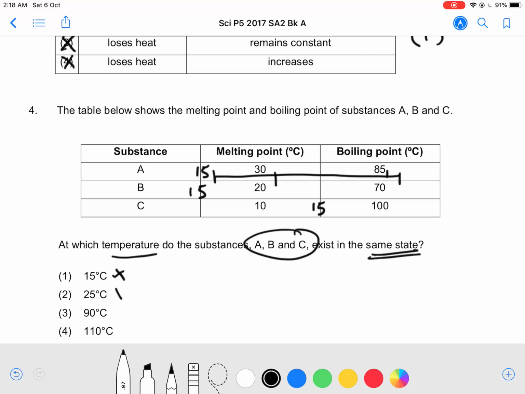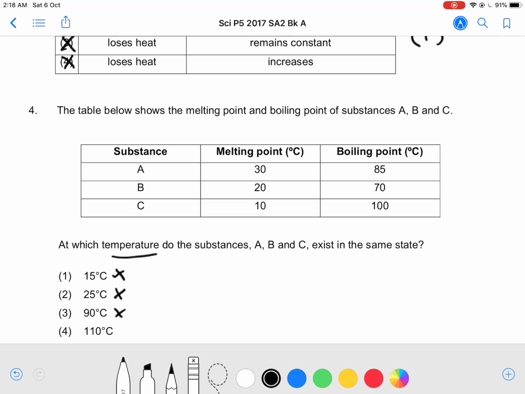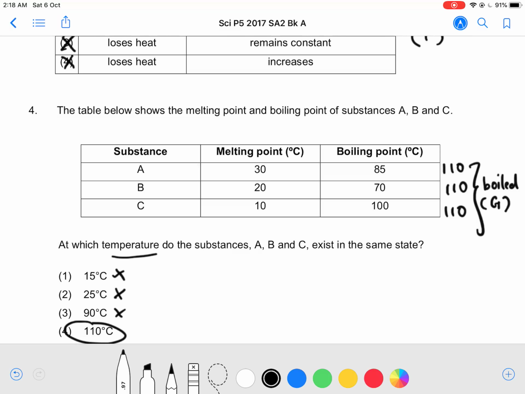Now if you do the test the same way, at 110 degrees, all of them will have already boiled, and it means that all of them will have turned to a gaseous state. So all of them exist in the same state at 110.